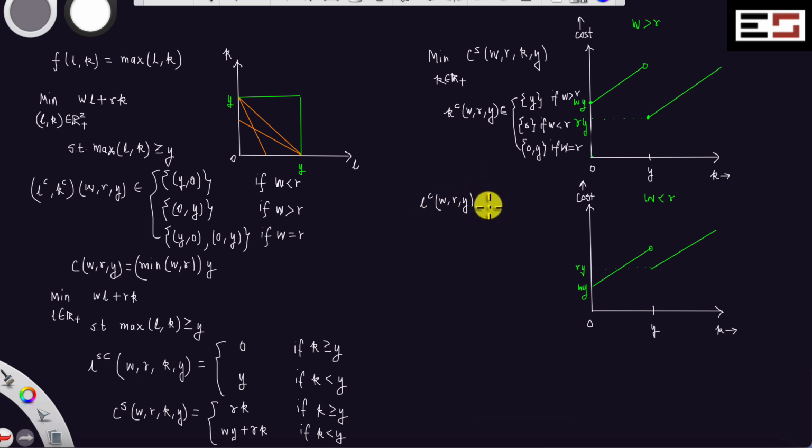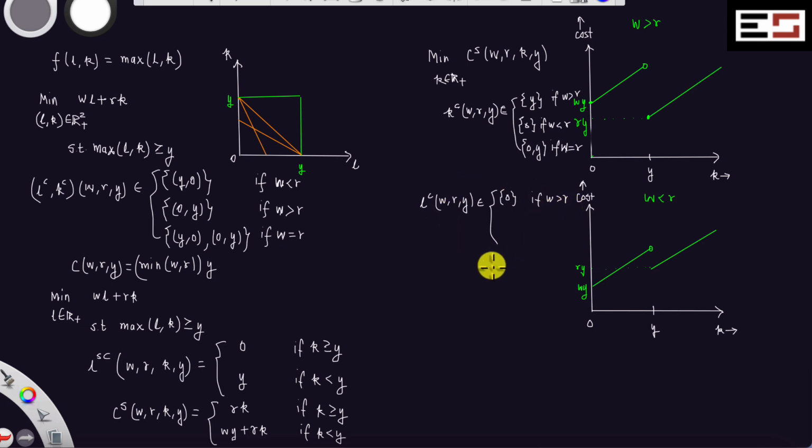So notice that when w is greater than r, then k is y. And when k is y, L is 0, right? So it is 0 if w is greater than r.